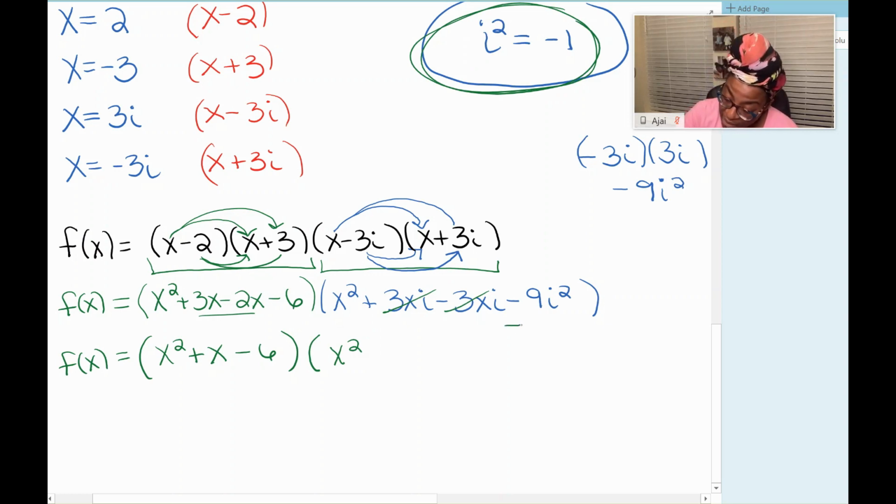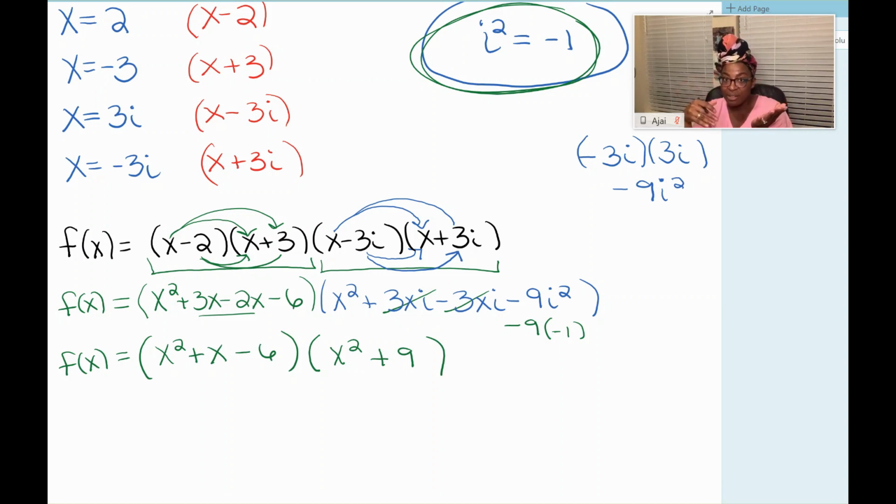So if I have negative 9 and I'm taking the i squared out and putting in negative 1, that gives you negative 9 times negative 1. Negative 9 times negative 1, that turns into a positive 9. So really what my students memorize is they say, oh, when you see i squared, just basically change the sign. That's basically what you're doing every time.